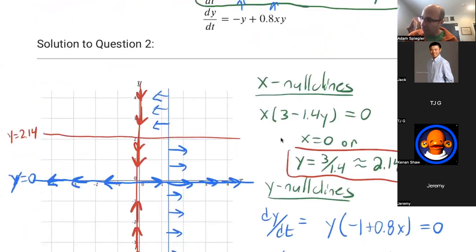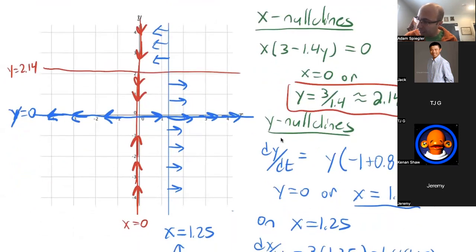So we come back over here and get upward arrows when x is bigger than 1.25 and downward arrows when x is less than that. This is the outline of the slope field that we get from just looking at the x and y nullclines.